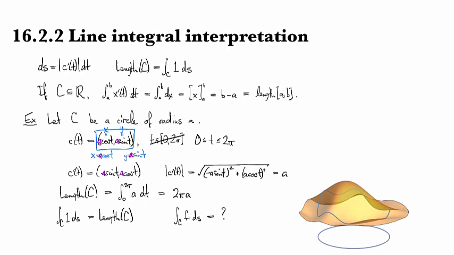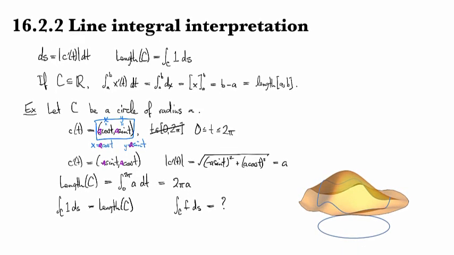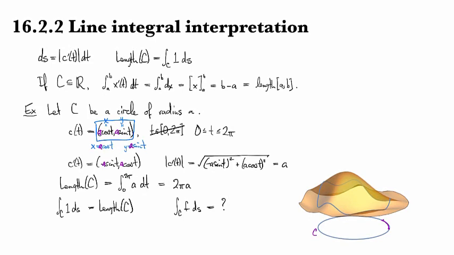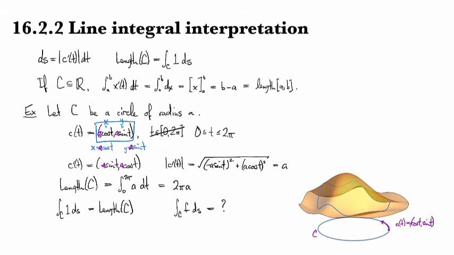suppose we had some function like this. I've got the same curve C here down in the plane, and we can imagine it being parameterized by good old cosine t, sine t, just as before. Only now you've got this function.